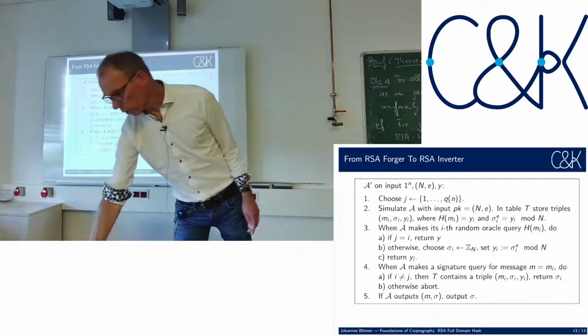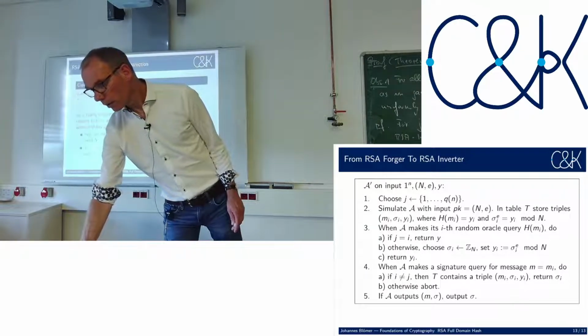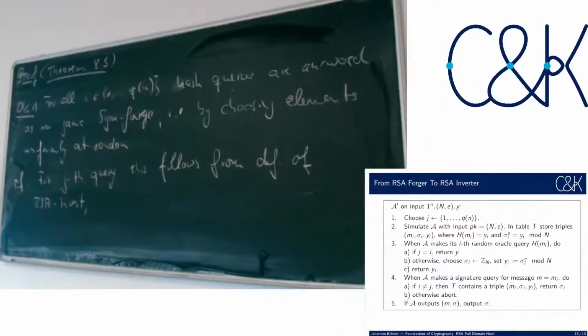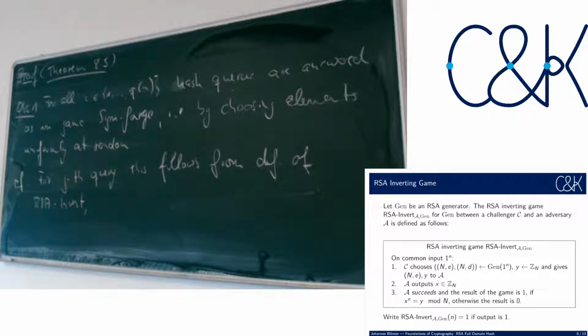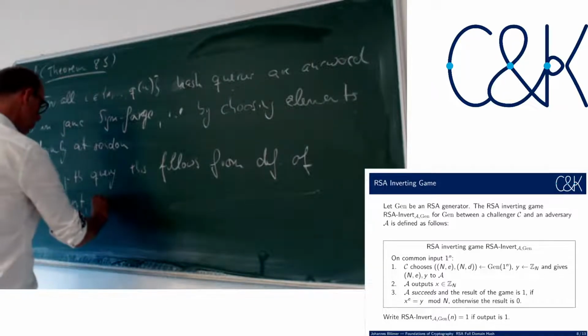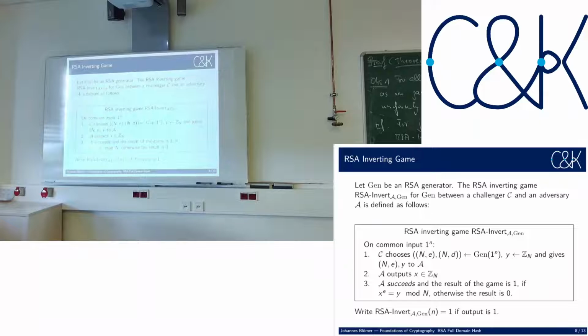Why? Because in the RSA invert game, here it is, y is picked uniformly at random.